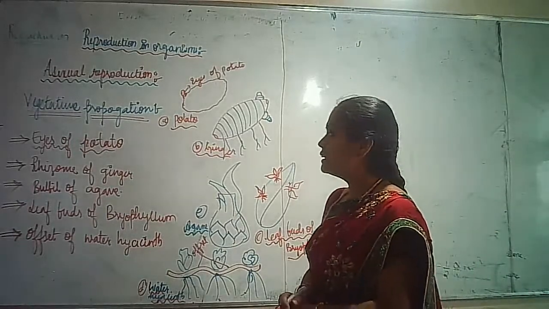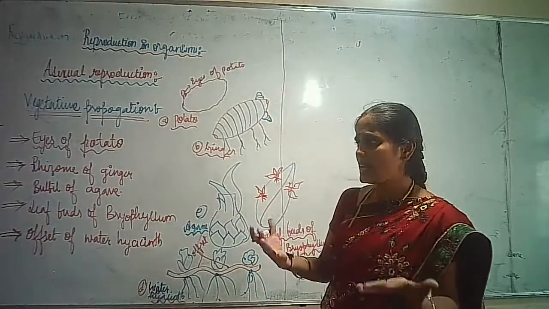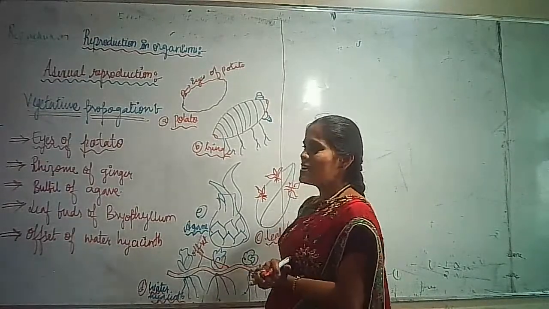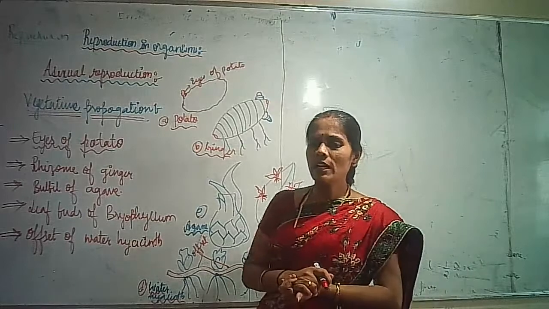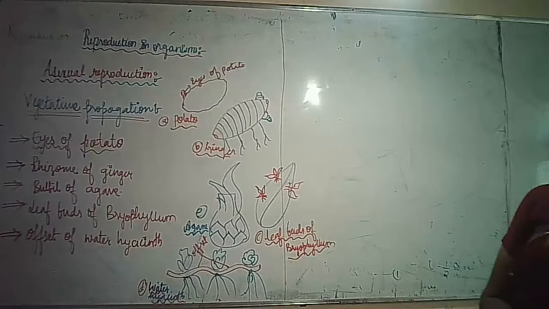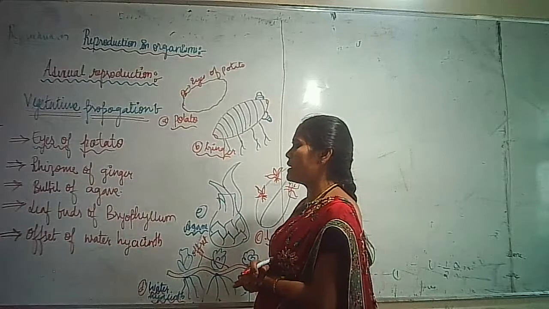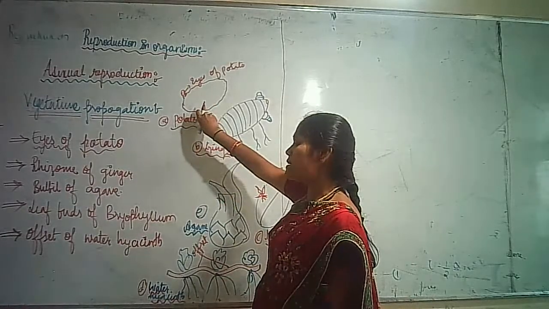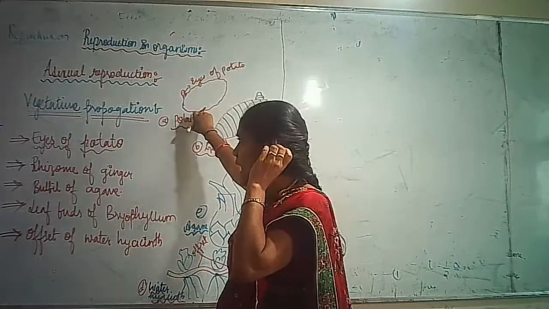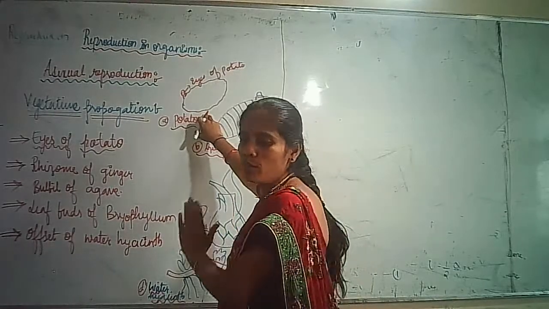It is a kind of reproduction taking place asexually, where any part of the plant body is capable of reproducing without the fusion of gametes. Its own plant part is involved in reproducing, and that part we call the vegetative propagation unit.